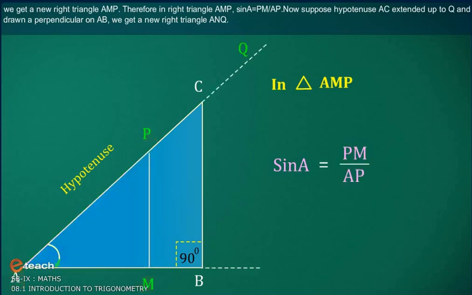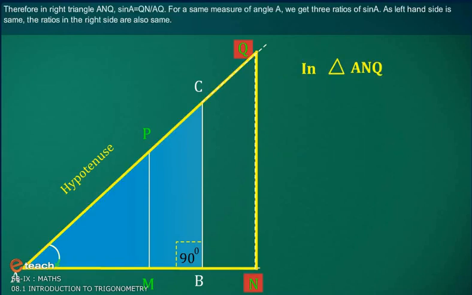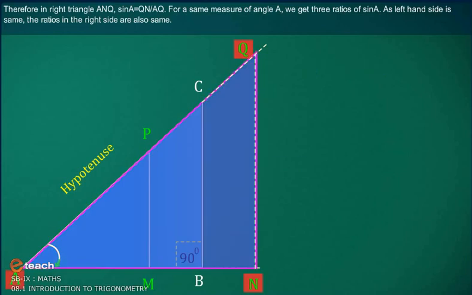Now suppose hypotenuse AC is extended up to Q and a perpendicular is drawn on AB. We get a new right triangle ANQ. Therefore, in right triangle ANQ, sin A is equal to QN upon AQ.